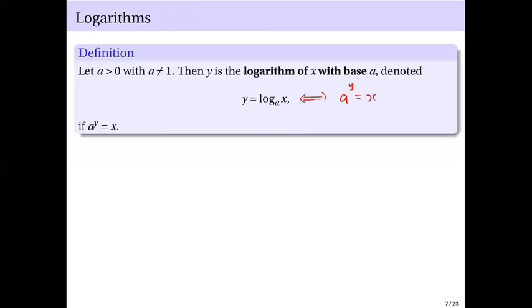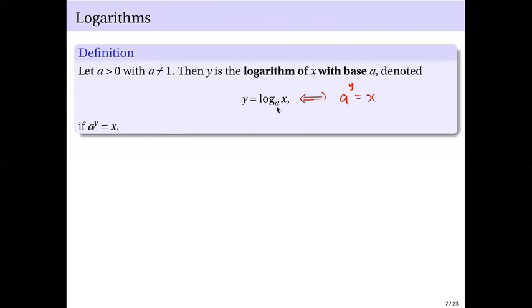Notice how the name base appears here. When we talk about exponents, this is called a base. We have the base, we have the exponent, and then we have the power. The base is the one you write in here. In logarithm, it's also called a base.